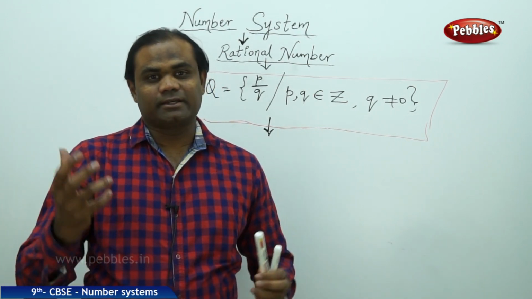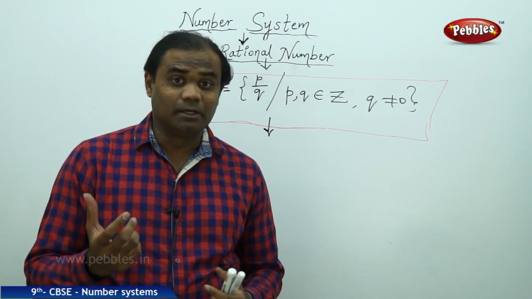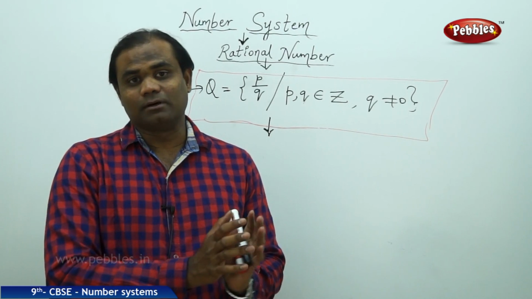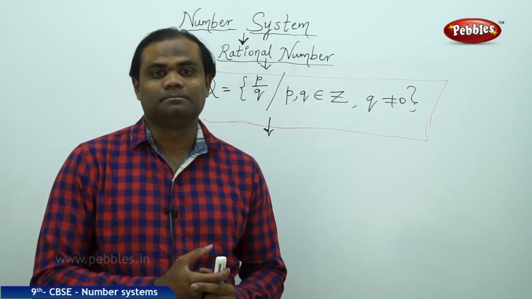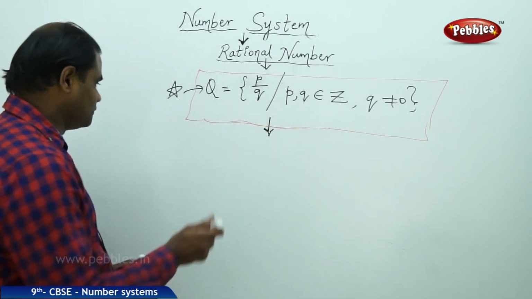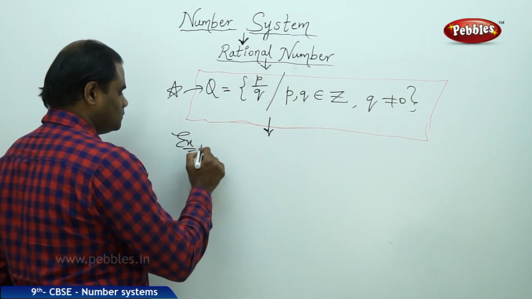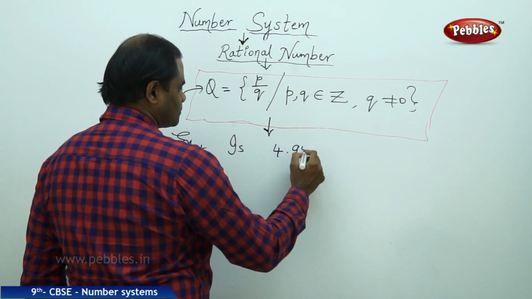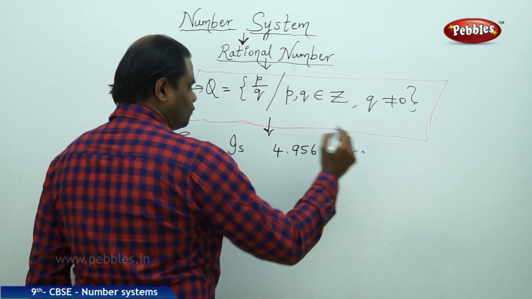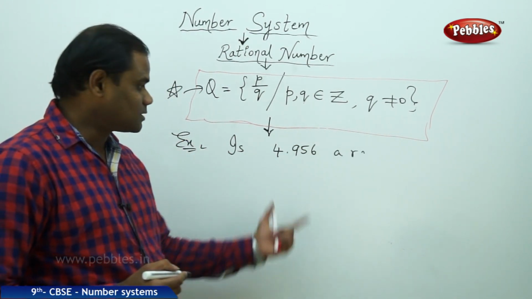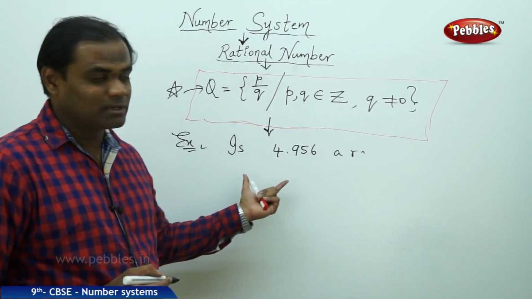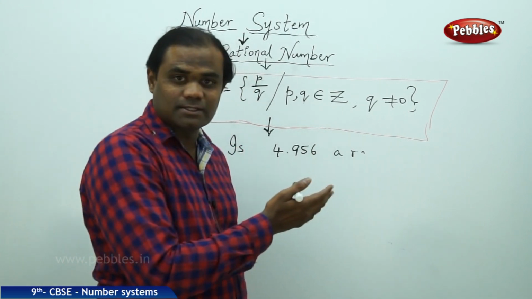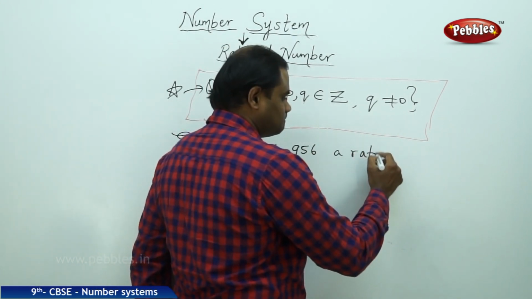Next, let's take an example of a decimal number and justify whether the given number is a rational number or not a rational number. For example, I have 4.956, which is a number expressed in decimal form up to 3 decimal places, and I want to justify this for a rational number.